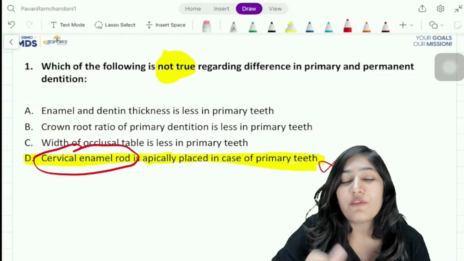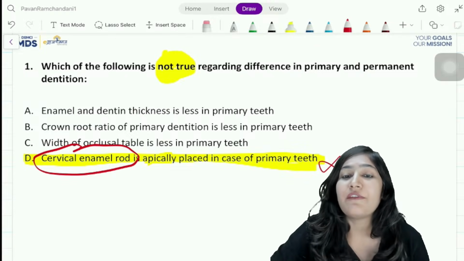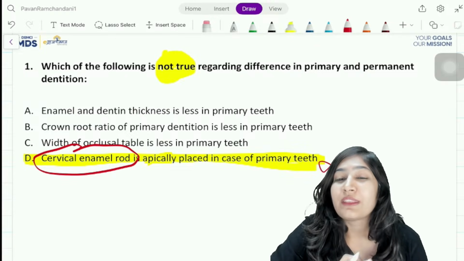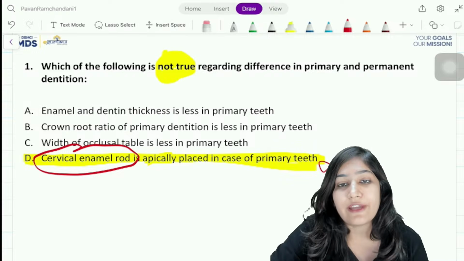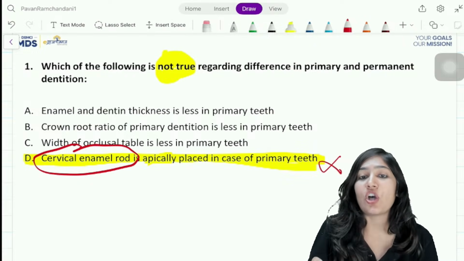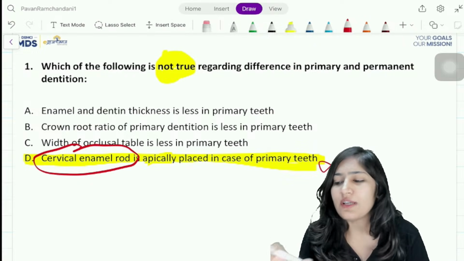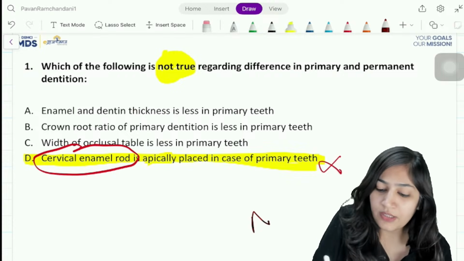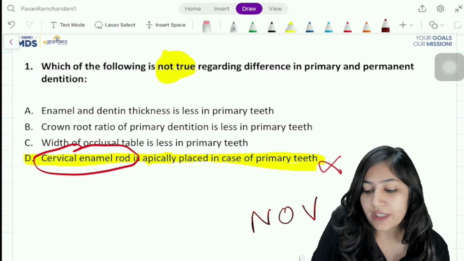This type of question was mainly asked in our recent INI-CET exam, in May 2025. And the same pattern of question from this topic was asked in November 2017.